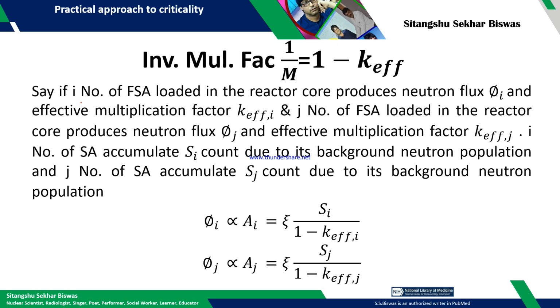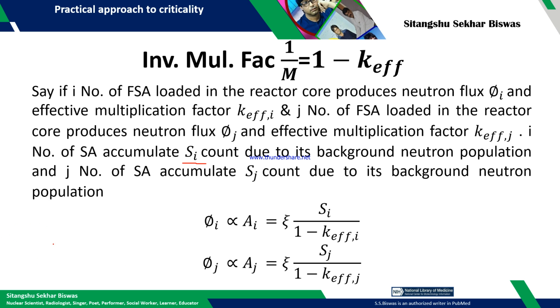Say I number of subassemblies loaded in the reactor core produces neutron flux phi I, and the effective multiplication factor is k effective I, and J number of subassemblies loaded in the reactor core produces neutron flux phi J, and the effective multiplication factor k effective J. So I number of subassemblies accumulates Si counts due to its background neutron population, and J number of subassemblies accumulates Sj counts due to its background neutron population.